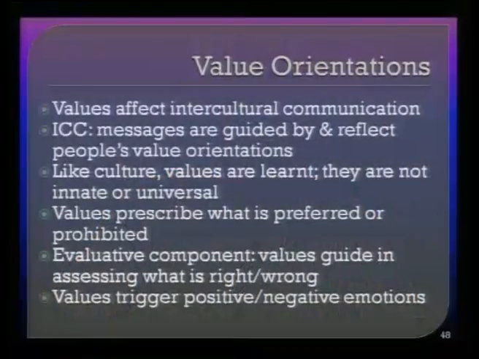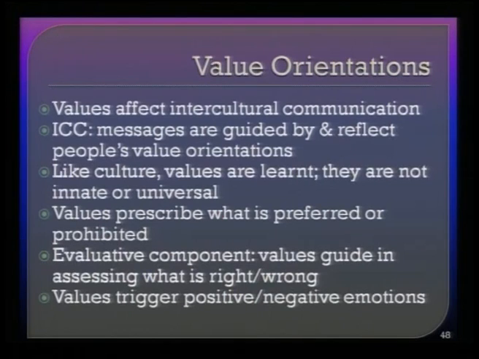Now, this is the reason why a person from one culture will have one set of values and a person from another culture may have a different or opposite set of values. So, values prescribe what is preferred or prohibited.